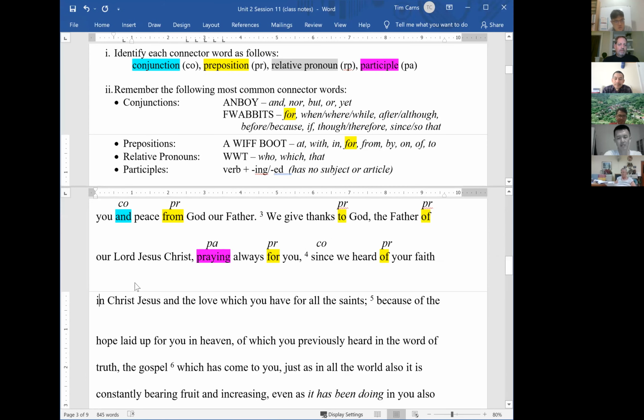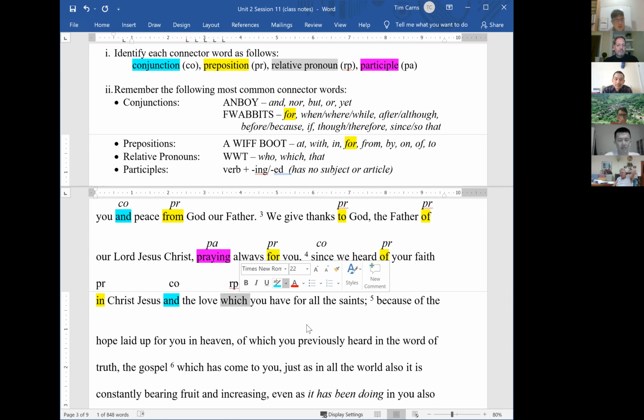In Christ Jesus. In Christ Jesus. And a coordinating conjunction. Yep. Part of and love. Good. The love which, a relative pronoun. Relative pronoun describing love. All right, good.